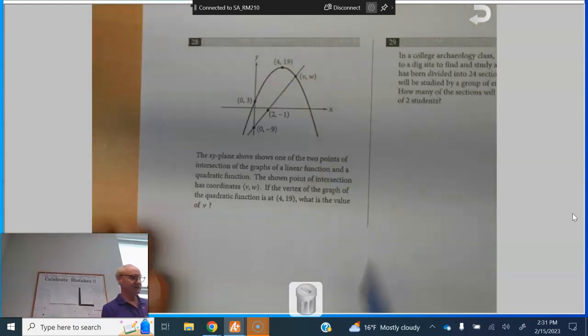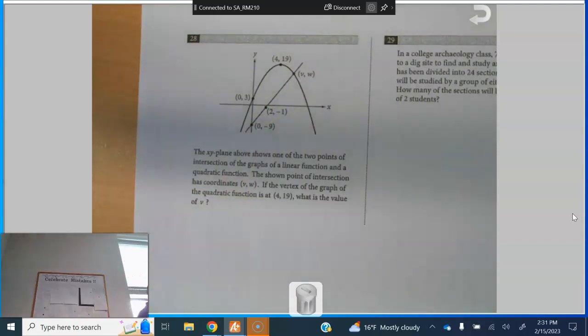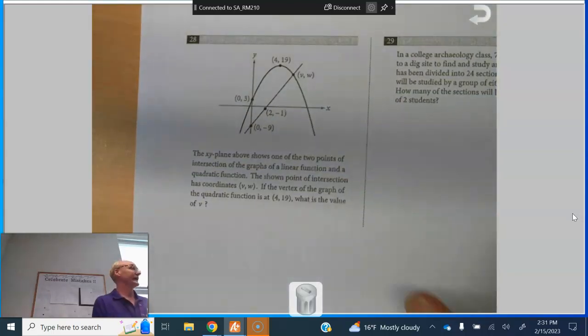Go ahead and read the question and see if you can figure out what VW is, and then I'll show you how you can get there. This is a really hard one.